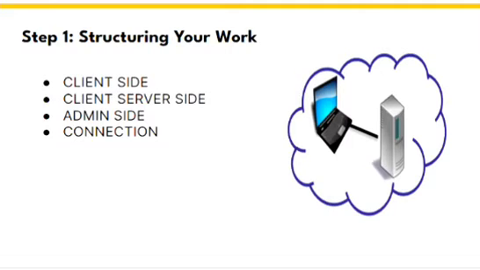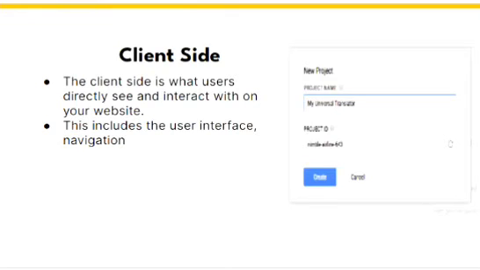Now what are you expected to see on the client side? The first page someone gets to whenever he types www.example.com, taking for instance that this is the domain of your website, is known as the client side.